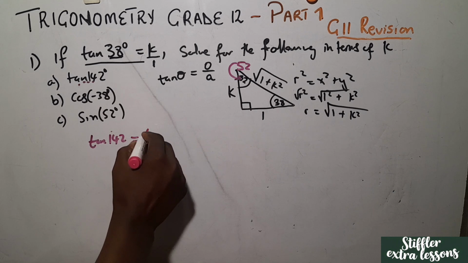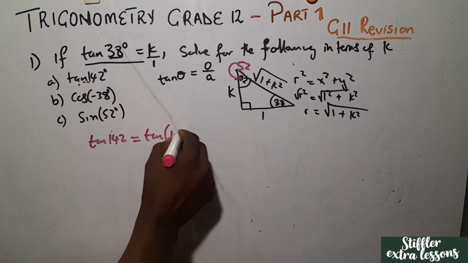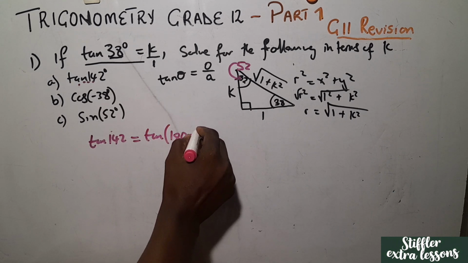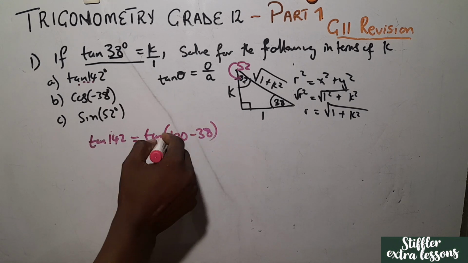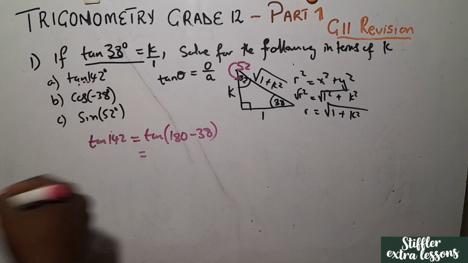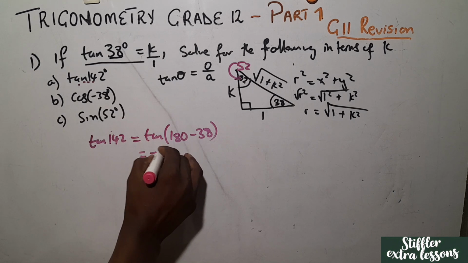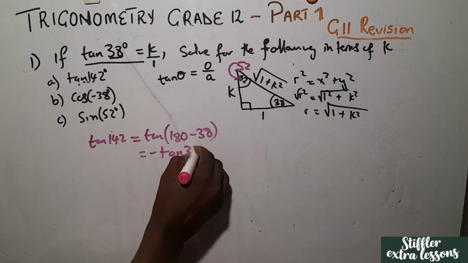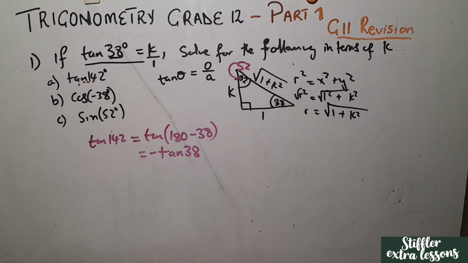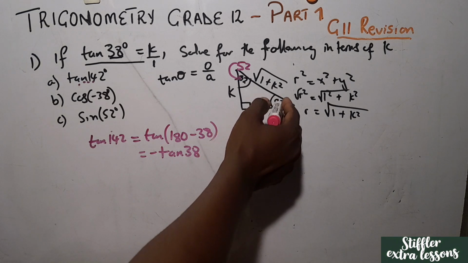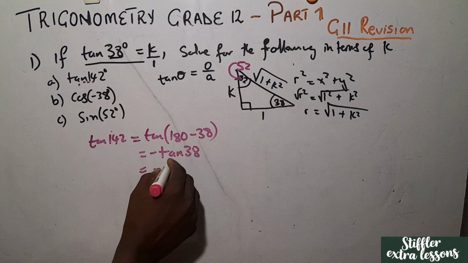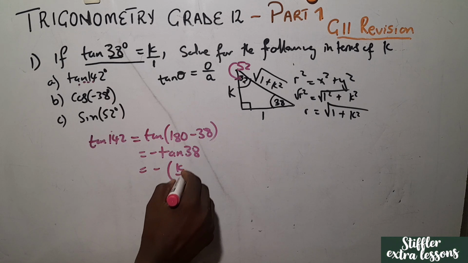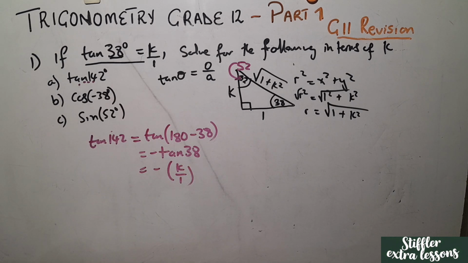So this becomes tan of 180 minus 38. Just because it's in the second quadrant and tan is negative, that becomes negative tan 38, right? So we check here on 38, what is tan? Opposite over adjacent. So this becomes negative k over 1, just like that. So that's our answer to this one.